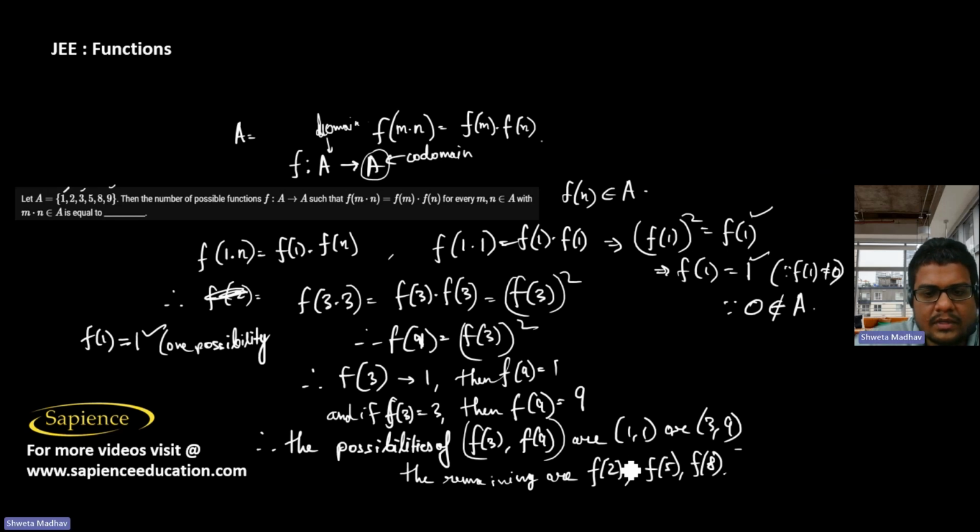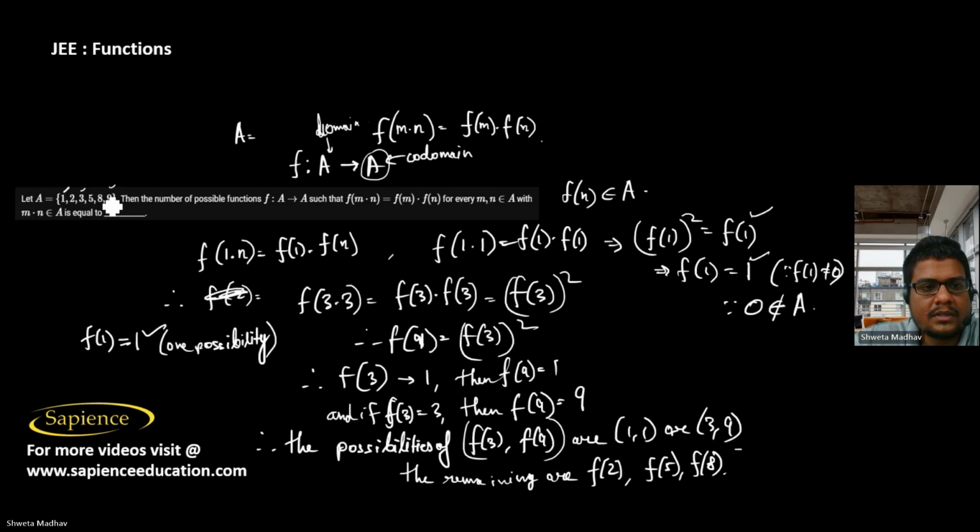So it means that for f of 2 we have 6 choices, 6 possibilities. For f of 5 also we'll have 6 possibilities. Why? Suppose for example f of 2, I can write it as f of 2 into f of 1, which is equal to f of 2 into f of 1.